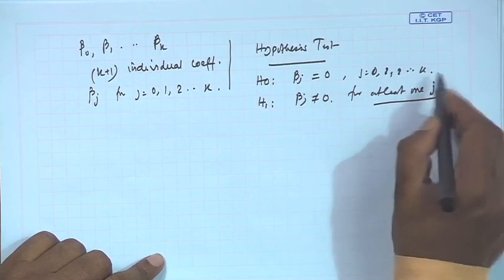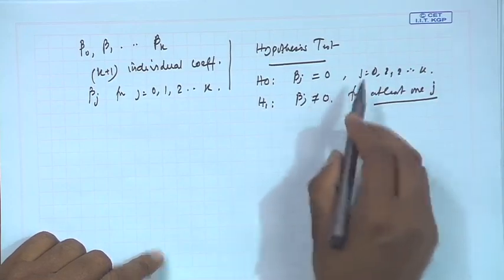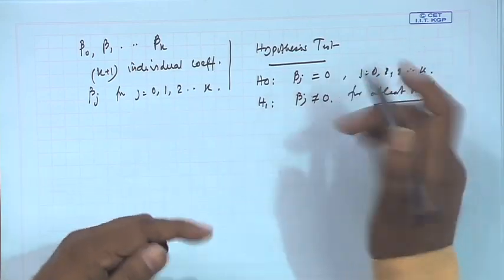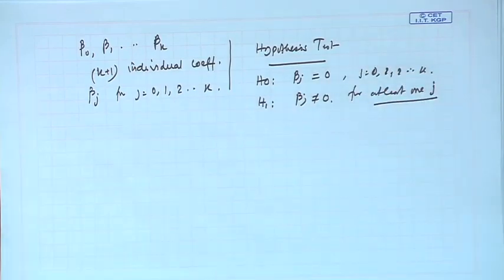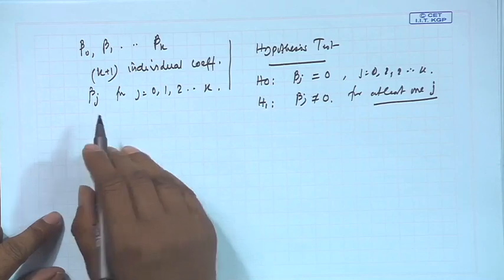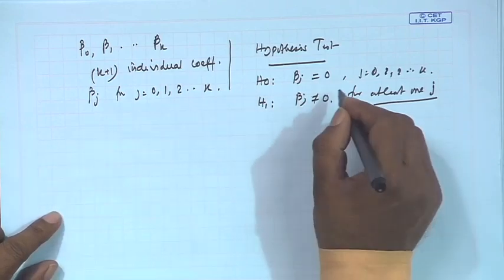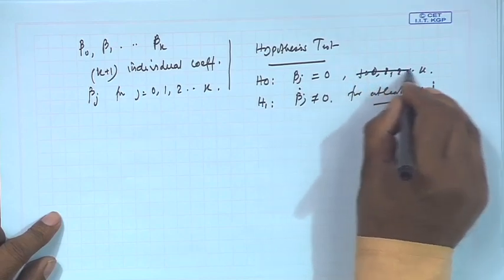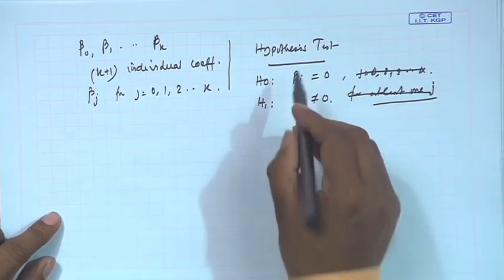This is the hypothesis test for totality, which I will discuss again under the model adequacy test. But if I consider only the jth regression parameter, then this is not applicable.